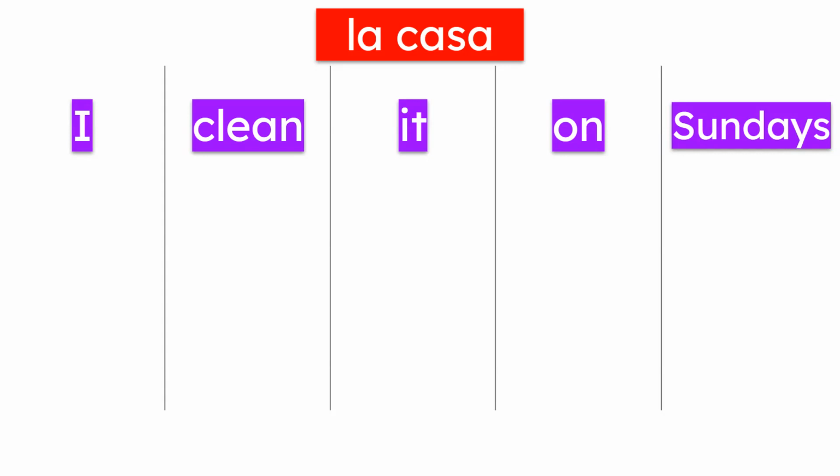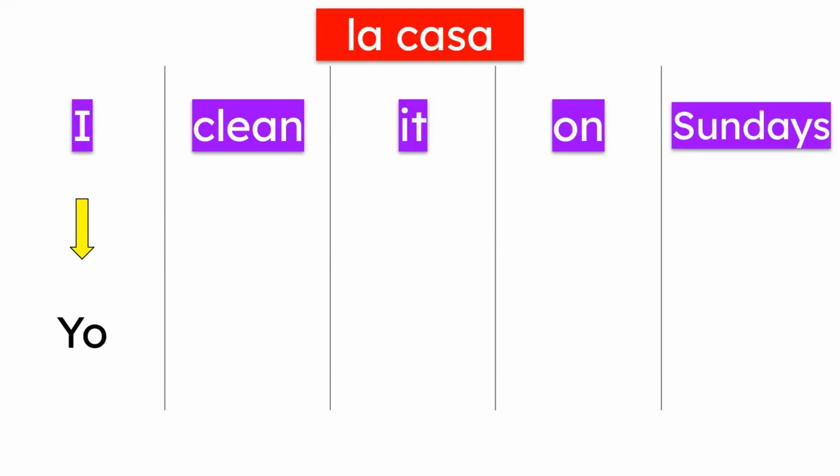So for instance, let's start completing the sentence. I, is yo, that's right. And now what comes next? The verb to clean? No, not so fast. I'm sure you know it now. Comes first, it. So should I say lo or la?